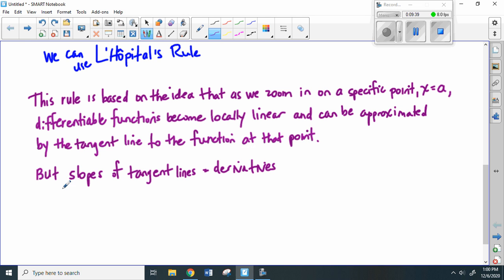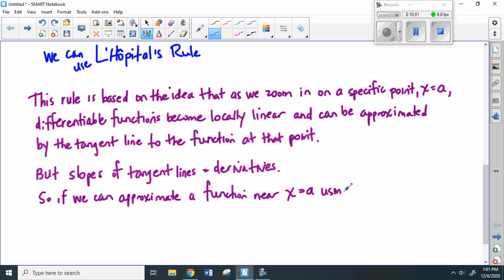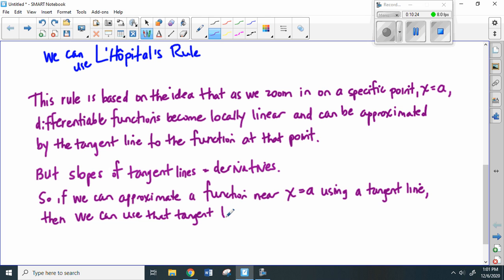So if we can approximate a function near x equals a using a tangent line, then we can use that tangent line to approximate limits as well.